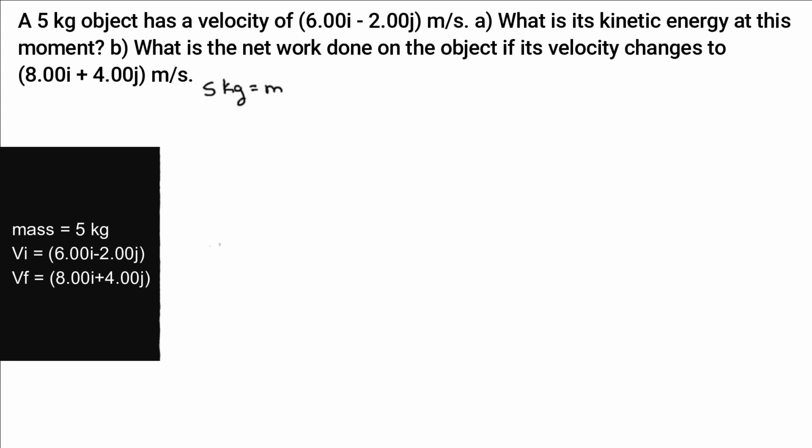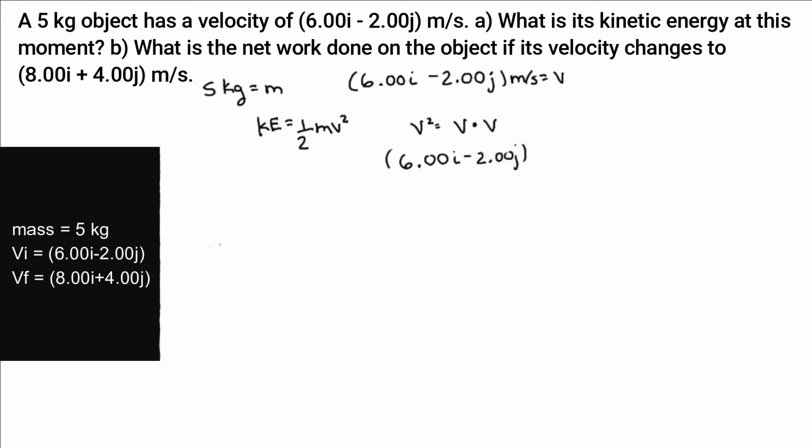However, you must know how to calculate the dot product in this case. So we need to find the kinetic energy when the object has velocity of 6.00 i minus 2.00 j. We know kinetic energy is just half times mass times velocity squared, and the velocity squared is equal to v dot v. So let's first solve for the dot product. It is very easy to solve.